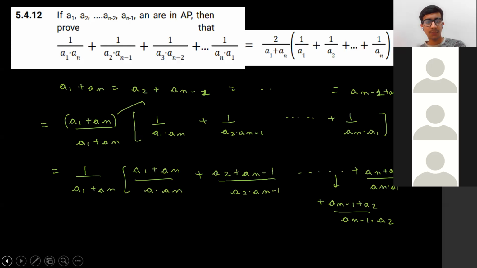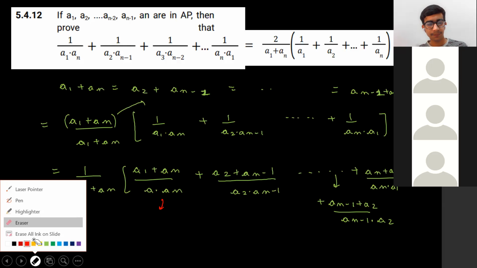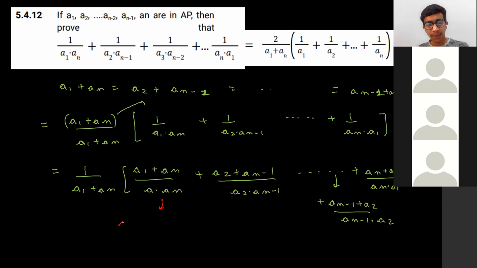So now what we are going to do is separate the denominators for the numerator. I can write this as a1 over a1 times an plus an over a1 times an, right? I'm separating the numerators with the denominators.